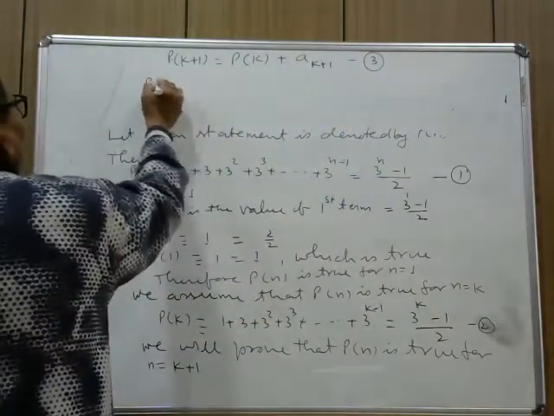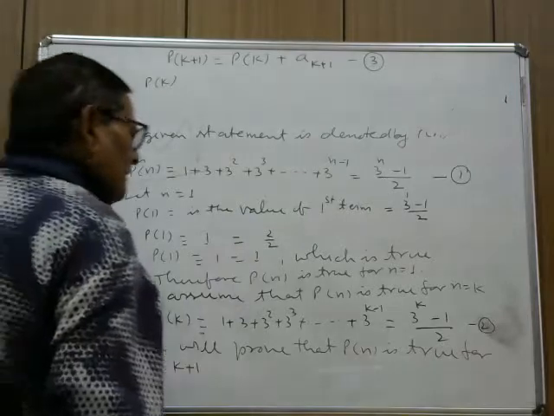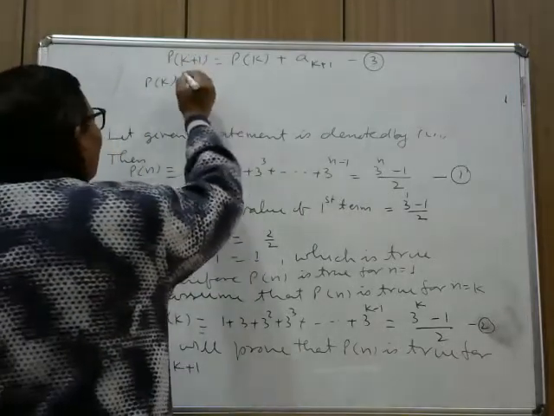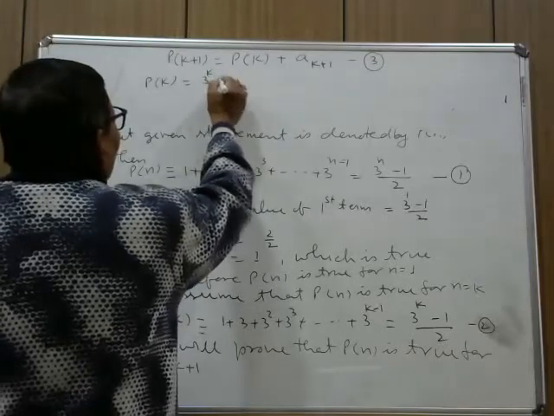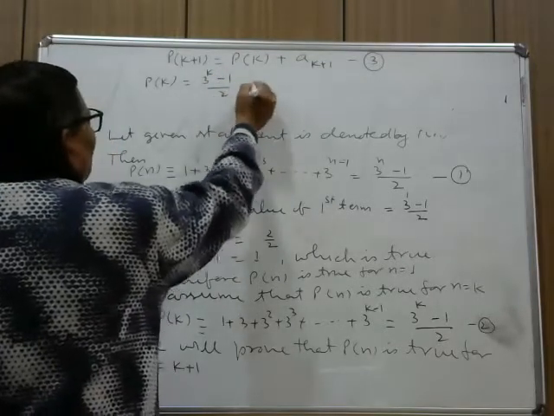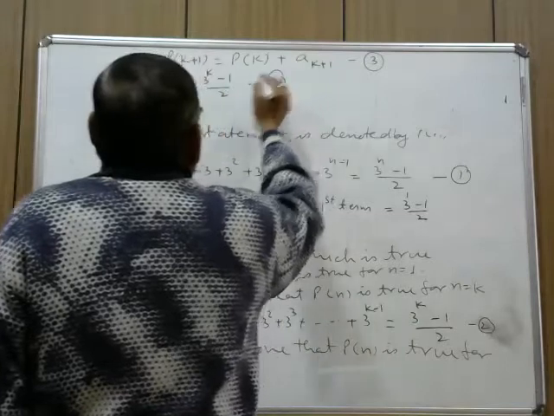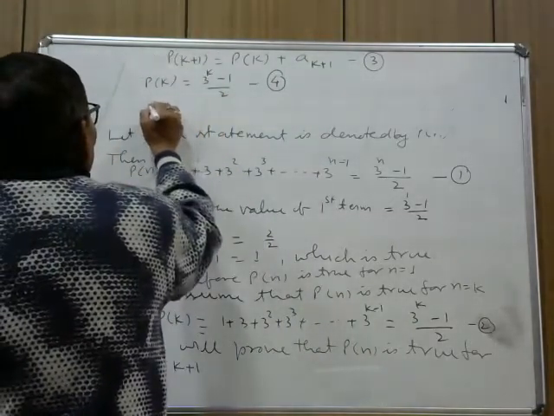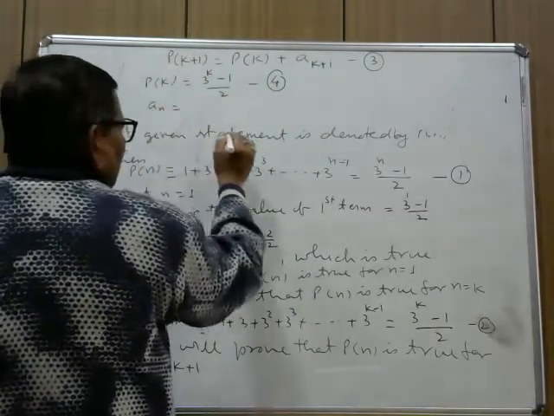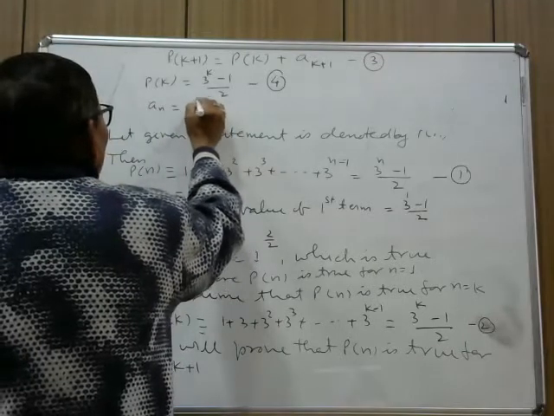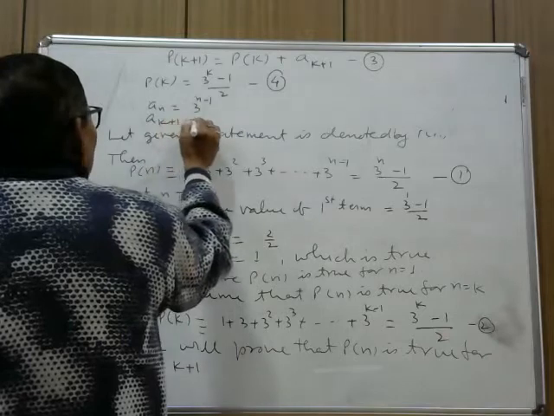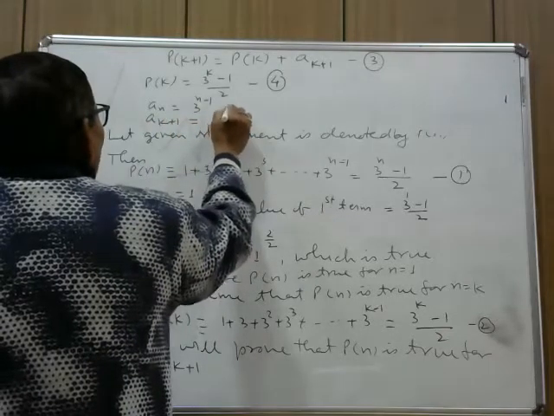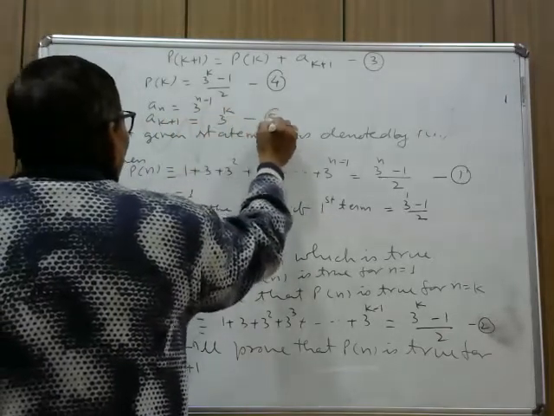Now the value of Pk is equal to 3 to the power k minus 1 by 2. This is 4, and your nth term is 3 to the power n minus 1. So your a k plus 1 is equal to 3 to the power k. This is 5.